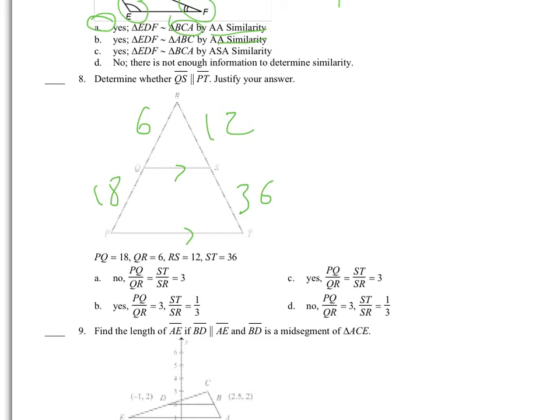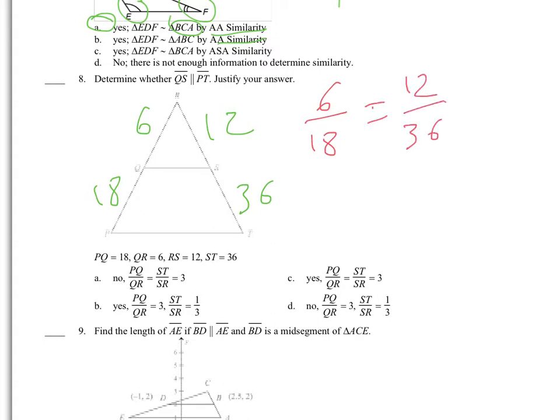So now we are not told that they're parallel. That's our job. We're going to determine if they're parallel. Well, they're parallel if these sides are proportional. So we're going to take 6 over 18 and set it equal to 12 over 36.